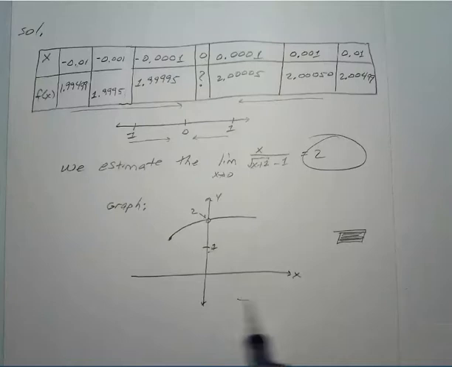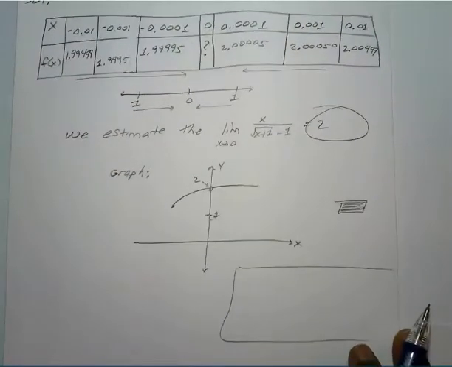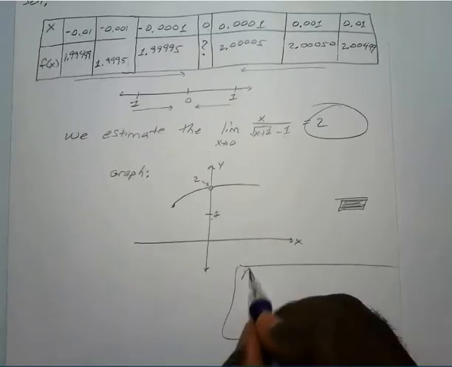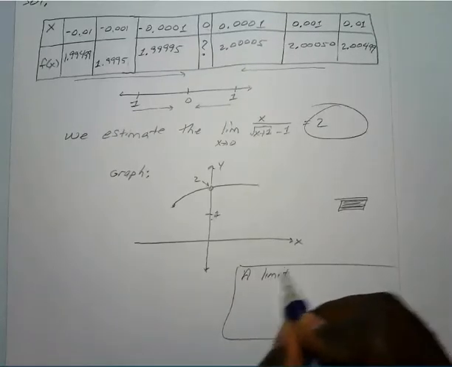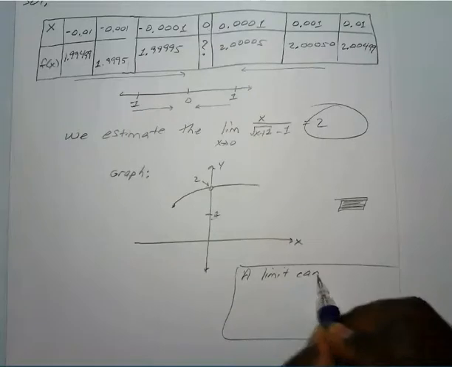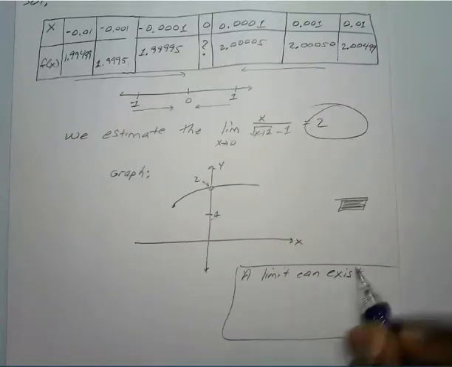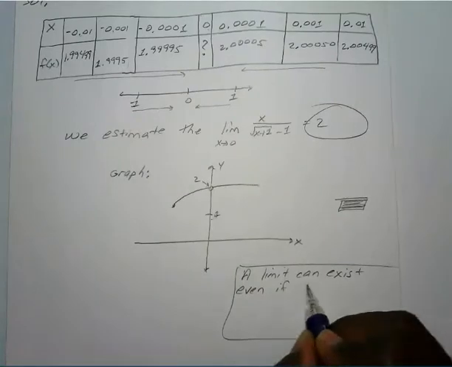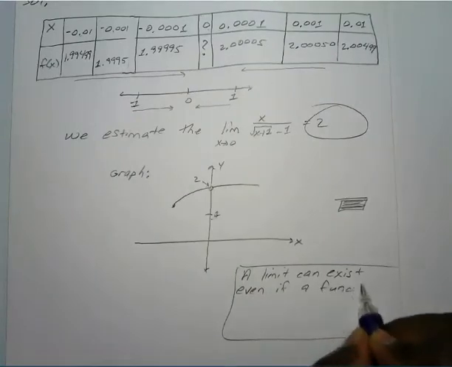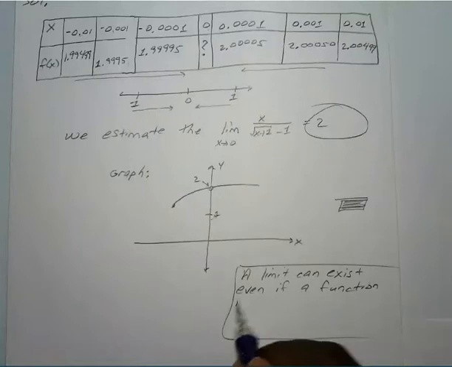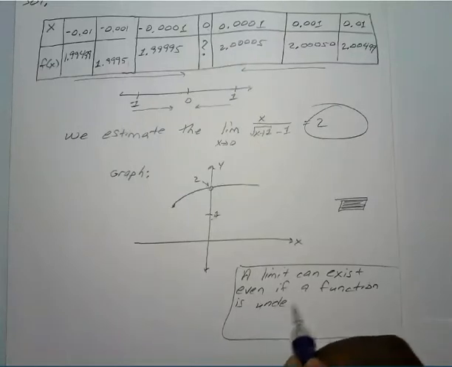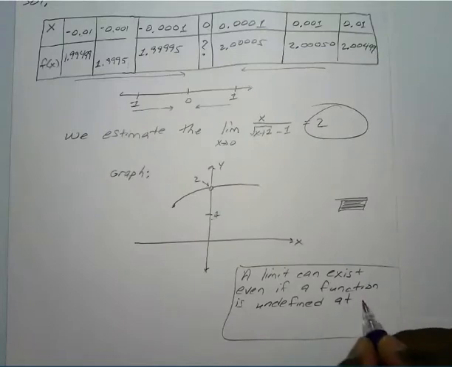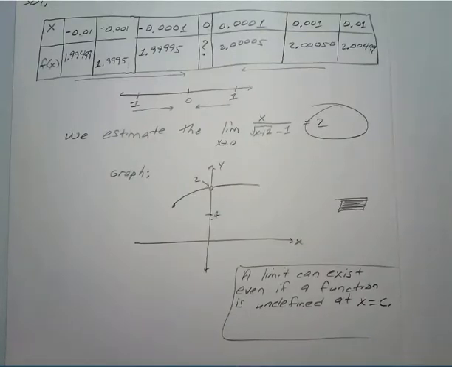Okay, so I'm going to write that down here. It's just a little side note. A limit can exist even if a function is undefined at x equals c.